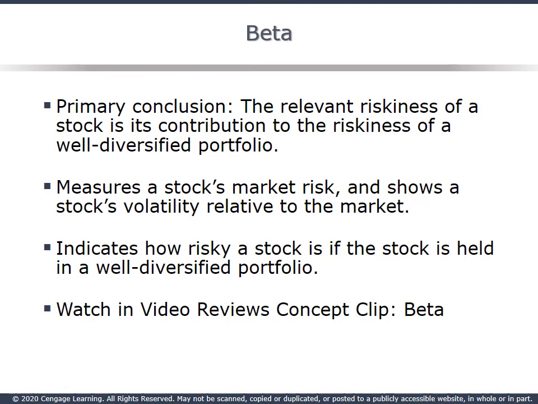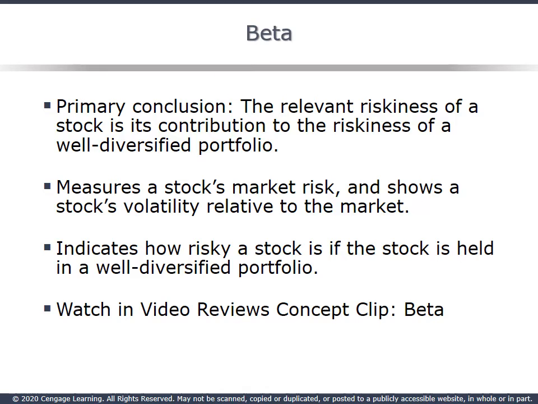So beta, our measure of risk in a portfolio context, that is market risk. The primary conclusion is that the relevant riskiness of a stock is its contribution to the riskiness of a well-diversified portfolio. So it depends on its contribution to the whole.